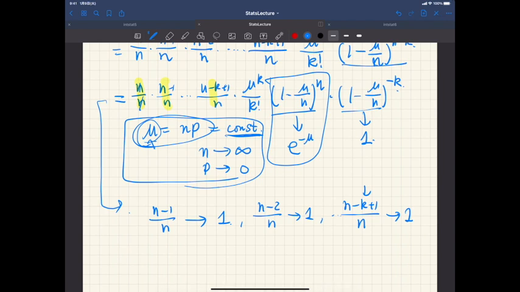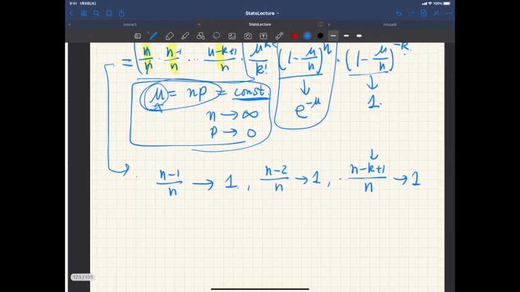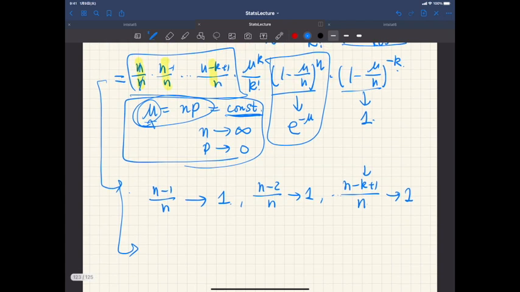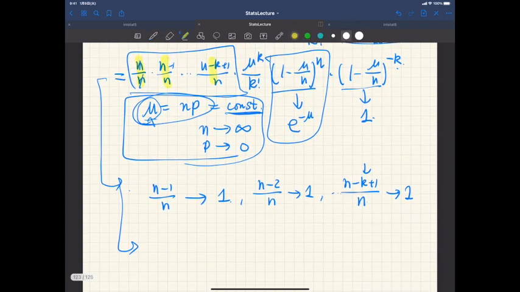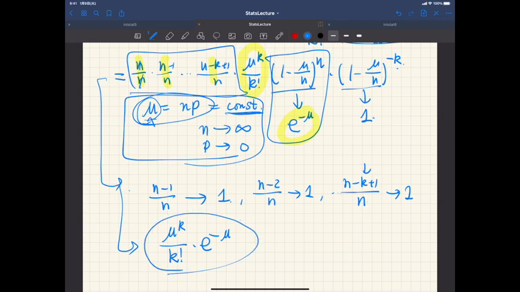So all these terms converge to 1. What's left is this part and this part: mu to the power of k over k factorial, times exponential of negative mu. So that's the distribution function for the Poisson distribution with parameter mu.